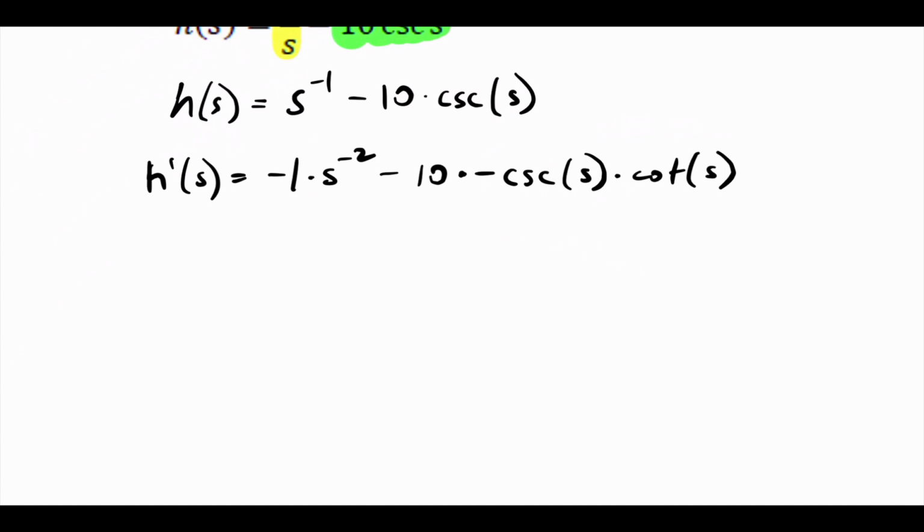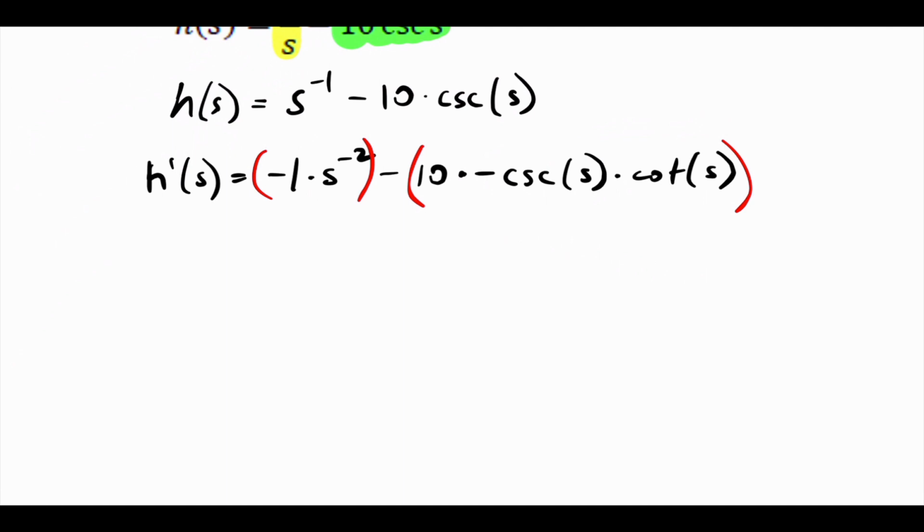It's a lot of negatives there, so I'm going to put some parentheses. Oops, no, I put it in the wrong spot. I'm supposed to be subtracting those two, sorry. Everything inside the parentheses is being multiplied.